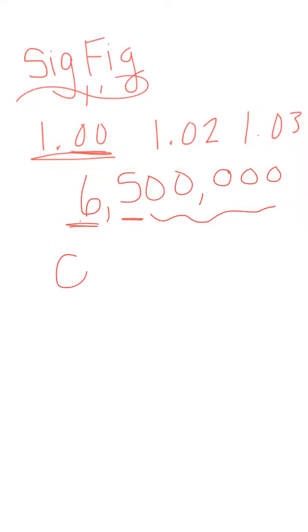Same thing with the smaller number. If I have 0.012, it's not like this 0 and this 0 are really measuring anything or showing any value. They're just placeholders to show me that my 1 and my 2 are 2 and 3 decimal places back from the ones place.